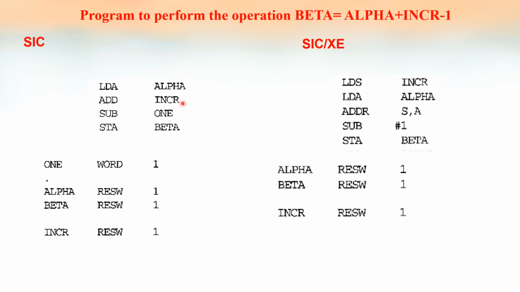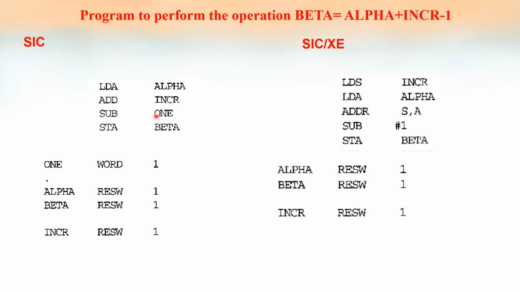Then the value in the memory location alpha is loaded into register A. ADD INCR. In the add instruction, one operand will be there in the accumulator, the other operand is given here. So the accumulator content is added with INCR, and again the result will be there in the accumulator itself. That is alpha plus INCR is there in the accumulator. Now we have to subtract 1 from the result.